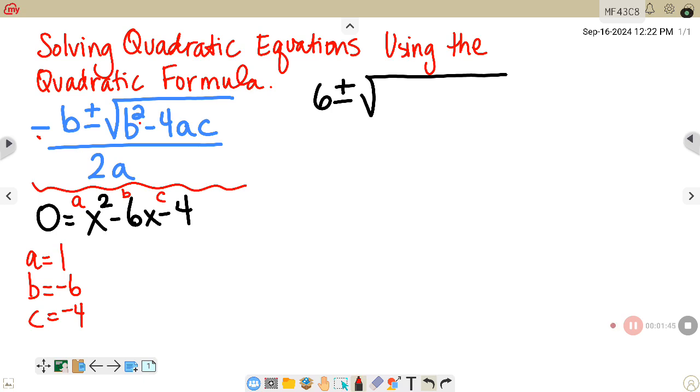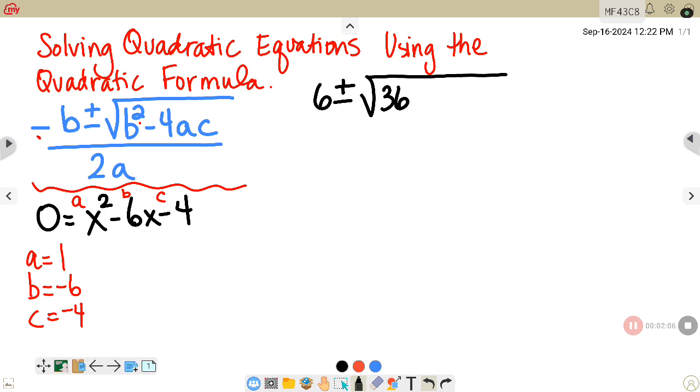So negative 6 squared is positive 36. Make sure if you are squaring a negative in your calculator that you do put parentheses around that. This number here that we just put in, 36, it's always going to be a positive number.